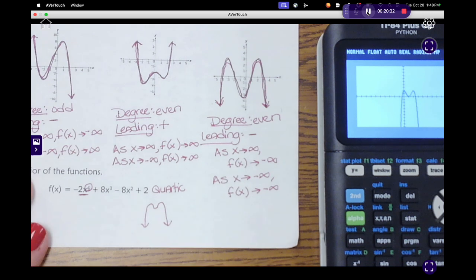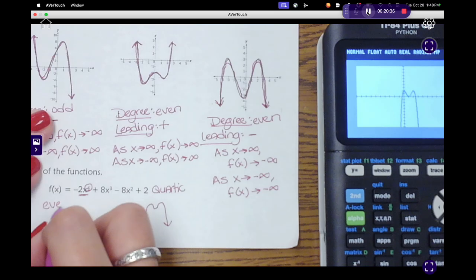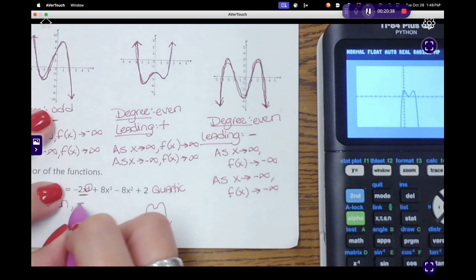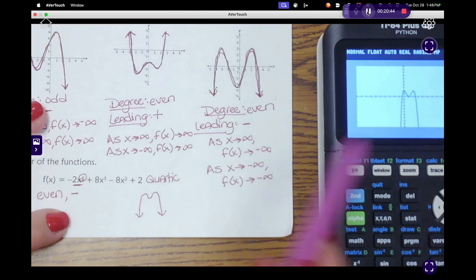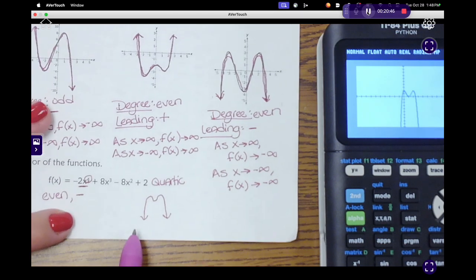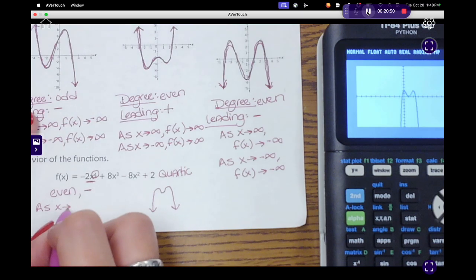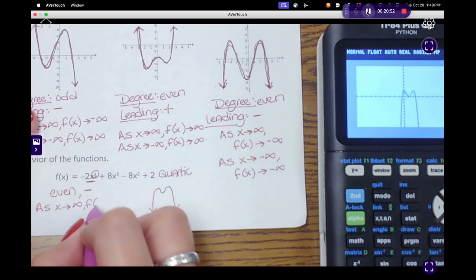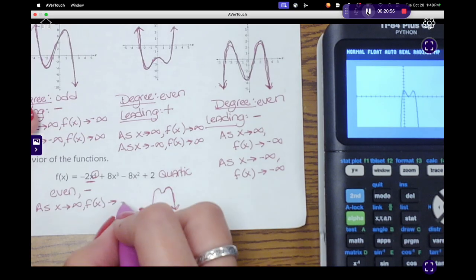It looks like that. So if I'm looking at this, this is an even degree, and that is a negative leading coefficient. Again, my graph is very similar to the one that I did up here. As my x is approaching positive infinity, my y value on this side is going down to negative infinity.